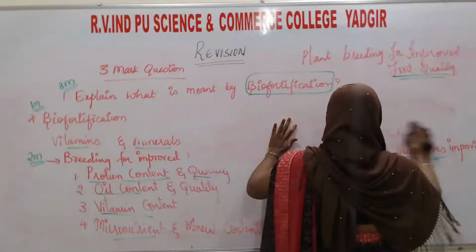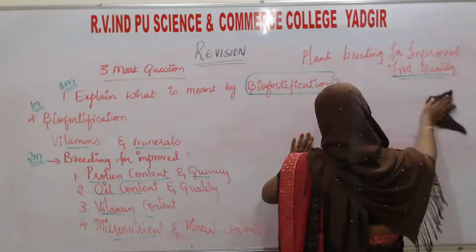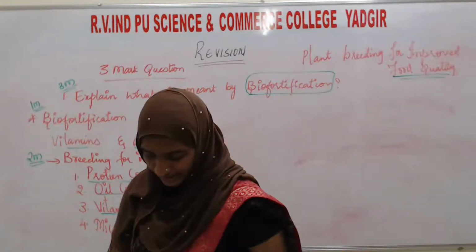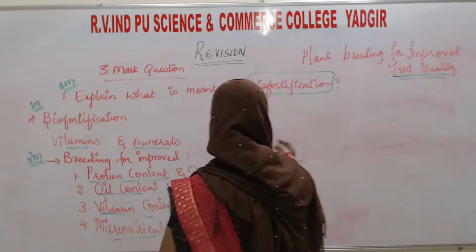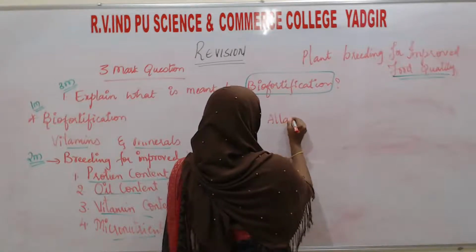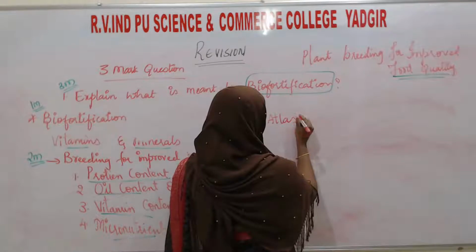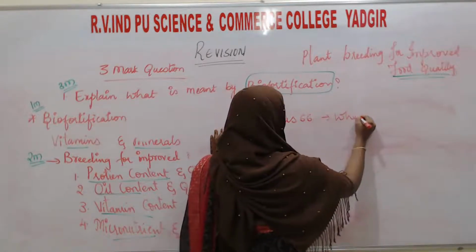If they ask like this, the example for that is Atlas 66, which is a wheat variety.